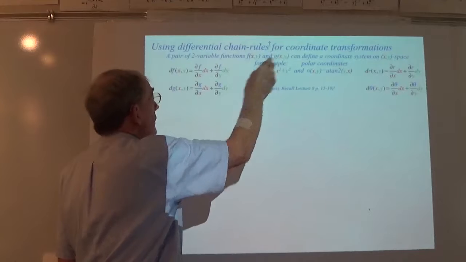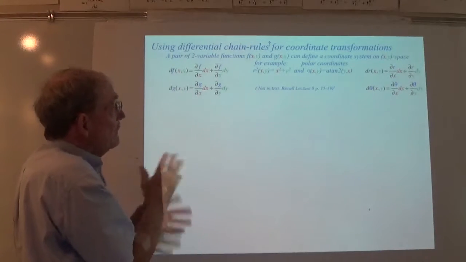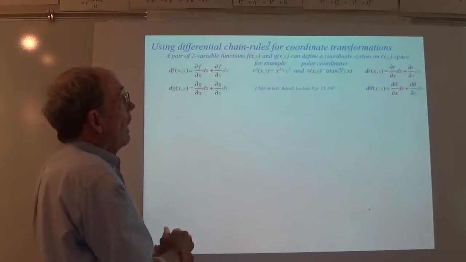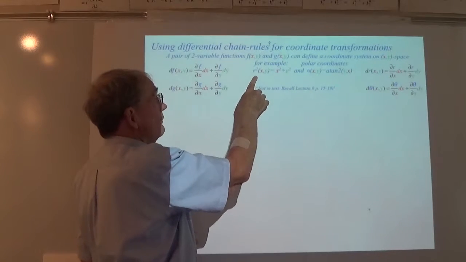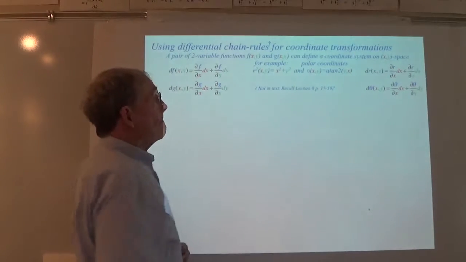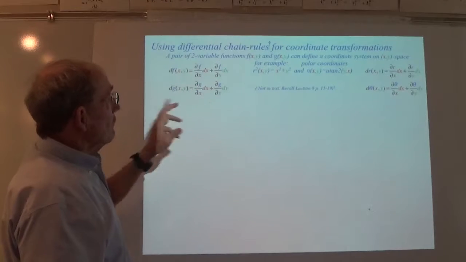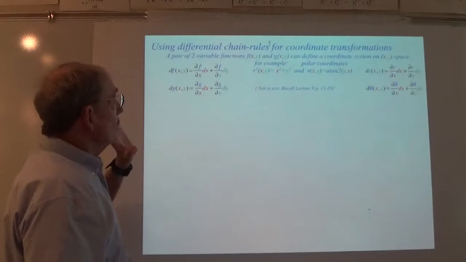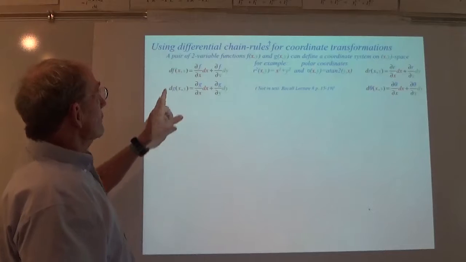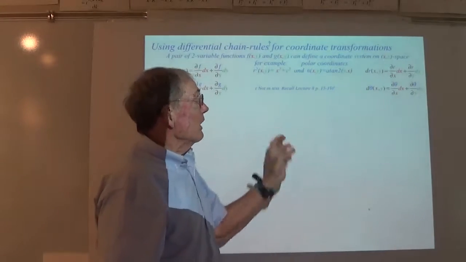And then you have another function g. F and g are going to be basically the functions associated with r, radius, and theta, polar angle. But start with just the first order differential form for the two, which will be derived here.